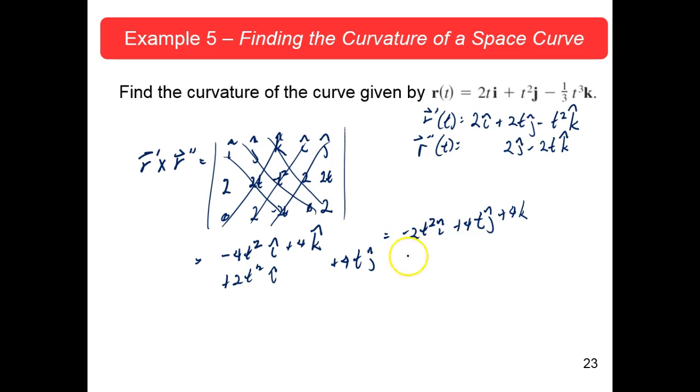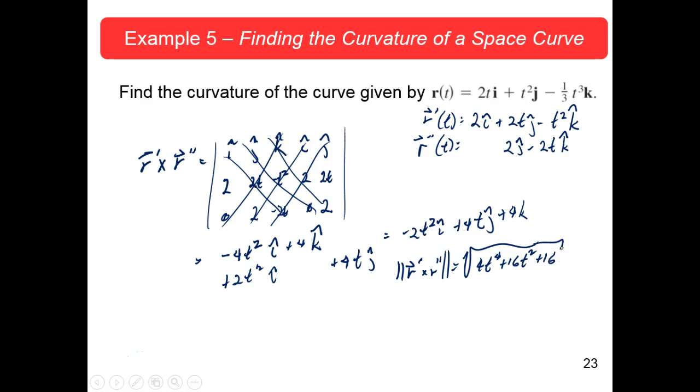Now we need the magnitude of that. The magnitude of r prime cross r double prime would be the square root of 4t to the 4th plus 16t squared plus 16.